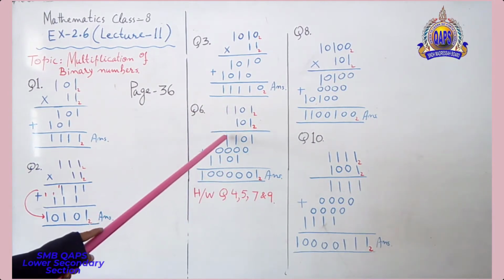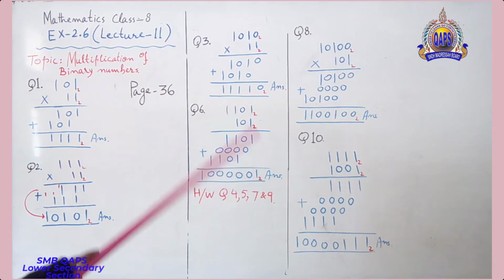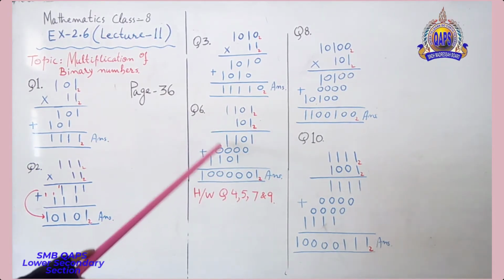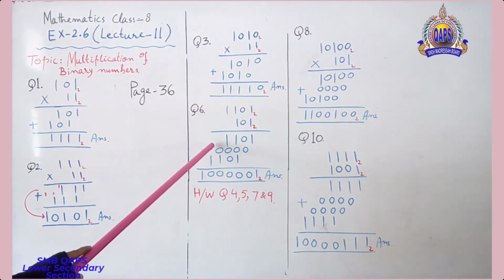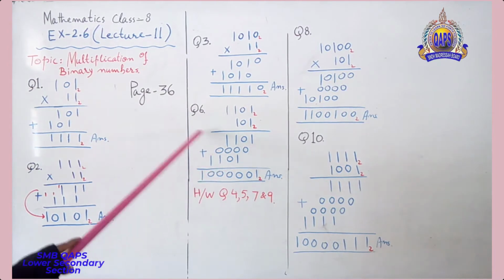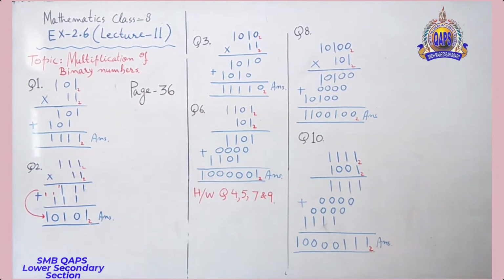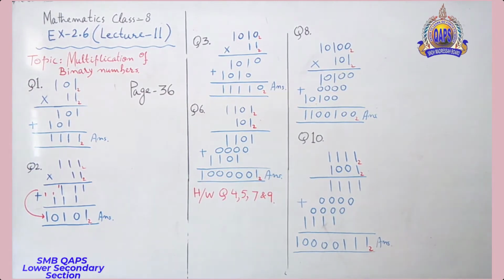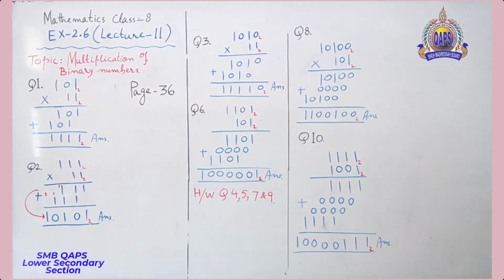Carry 1. 1 plus 1, 0. Carry 1. 1 plus 1, 0. Carry 1. 1 plus 1, 0. Carry 1. It will come over here. So the answer is in front of you. What do you say? Do you understand?